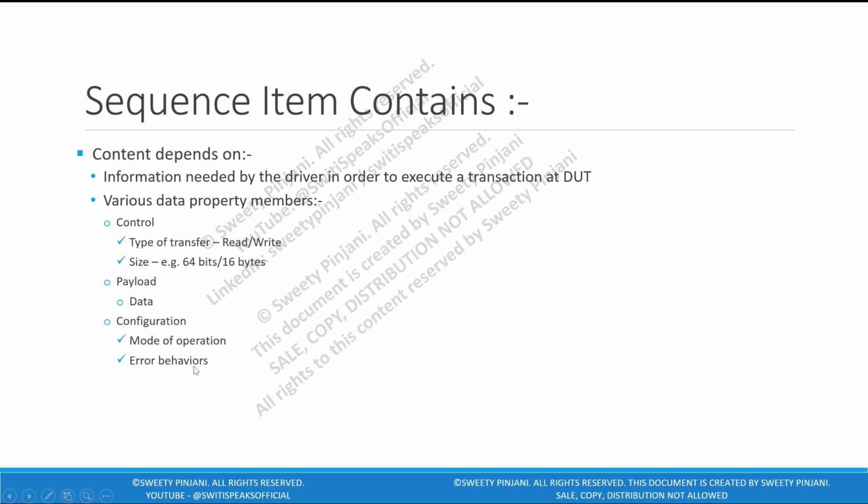If there are certain errors possible in your design, how those errors should behave. Then there is analysis information. An example is checksums. There are four types of data property members: control, payload, configuration, and analysis, which your sequence item will contain.